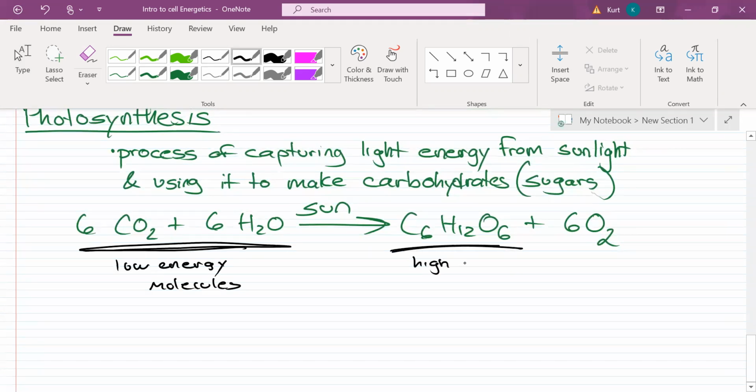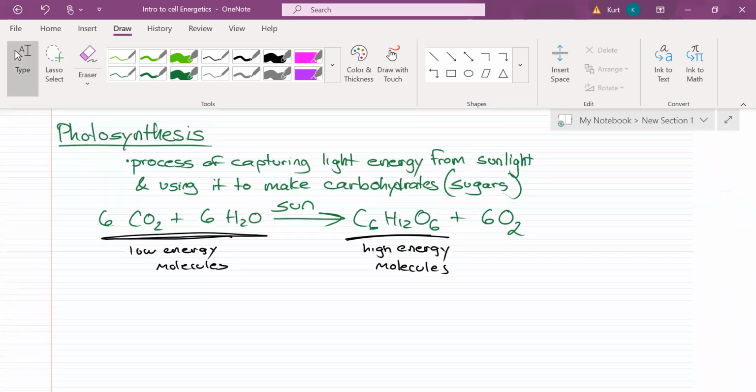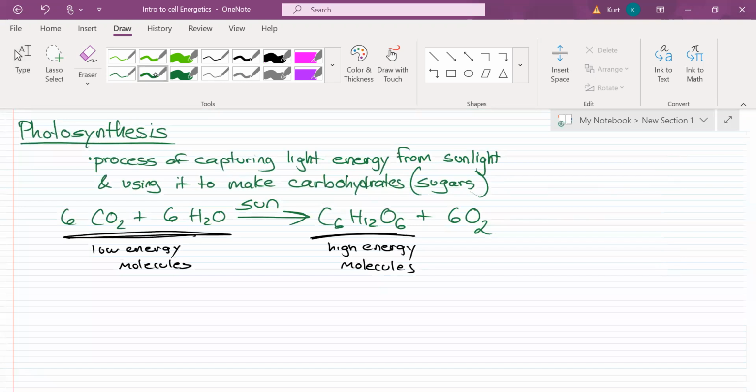So based on that, what type of metabolism or what type of thermochemical reaction is photosynthesis? Is it endergonic or exergonic? You're going from low energy to high energy. That's endergonic, is correct. Is it catabolism or anabolism? Anabolism, good. You're building up. Very good. I don't have to break that down then. Nice. I love when you guys participate.